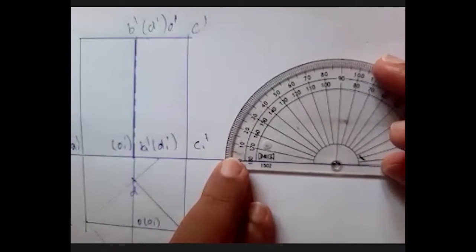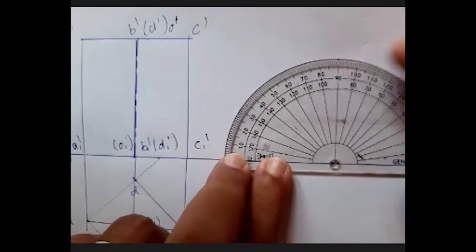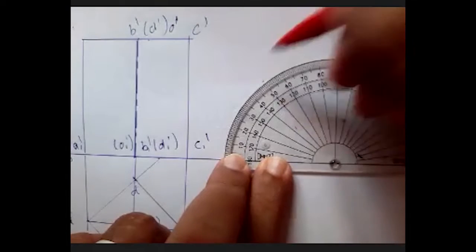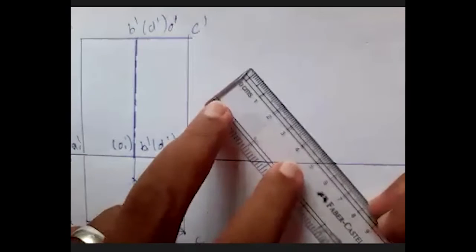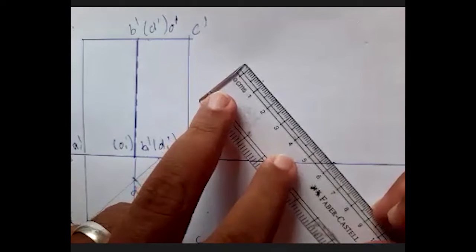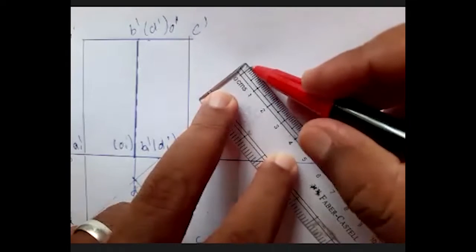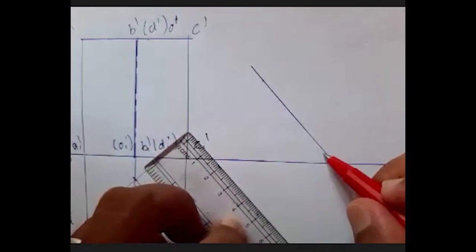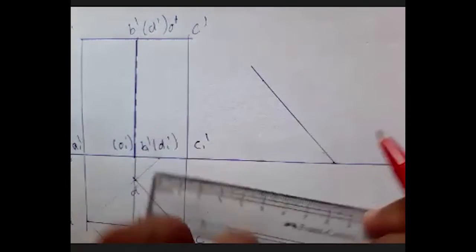I'm going to convert the axis inclination to the base inclination. So 90 minus 40 will give me 50, and the angle here which I'm going to draw is 50 degrees.